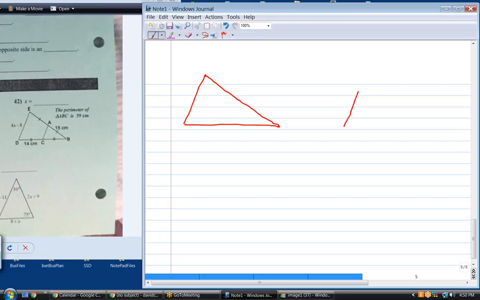You don't always need to do that, and it may not help you as much as it helps me. But there's my two triangles. This is D, E, B, and this is A, B, C. And they're similar. Let's start labeling.